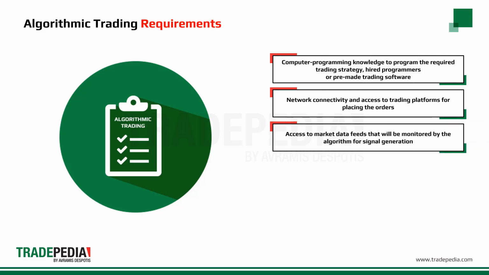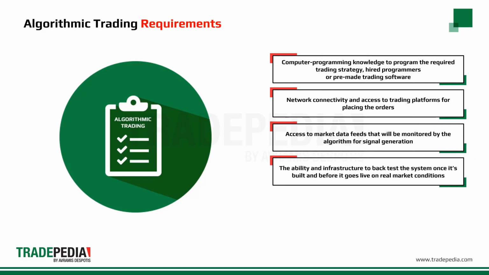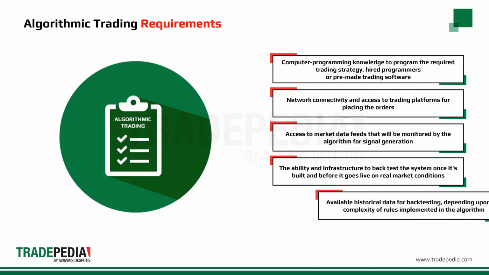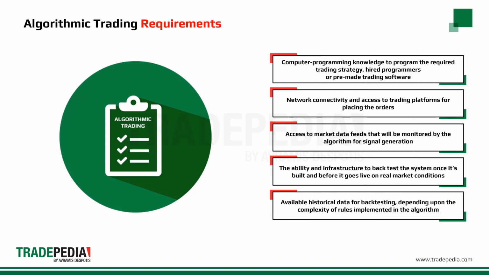Access to market data feeds that will be monitored by the algorithm for signal generation. The ability and infrastructure to backtest the system once it's built and before it goes live on real market conditions. And available historical data for backtesting, depending on the complexity of rules implemented in the algorithm.